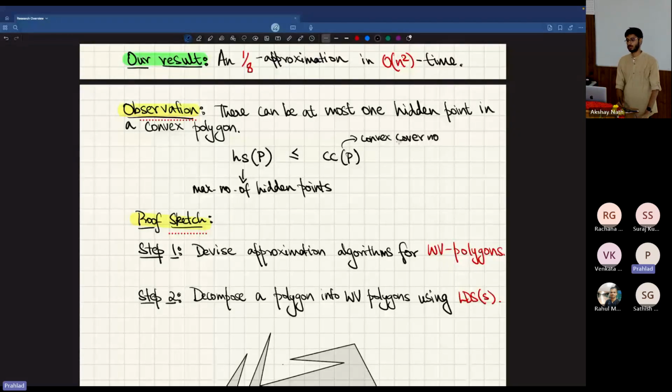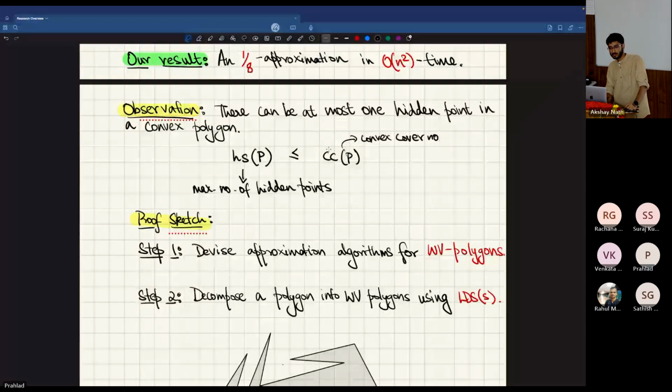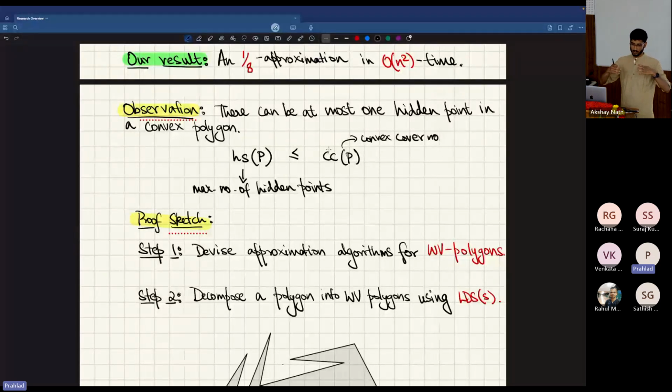Which is, of course, the minimum number of convex pieces that you need to cover P. If I give you a convex cover, then you can only place one hidden point per convex piece, right?